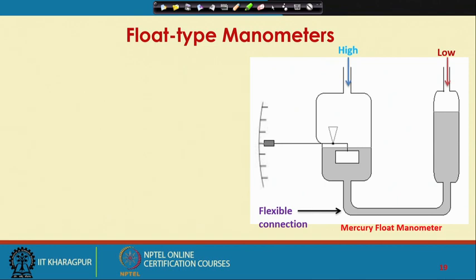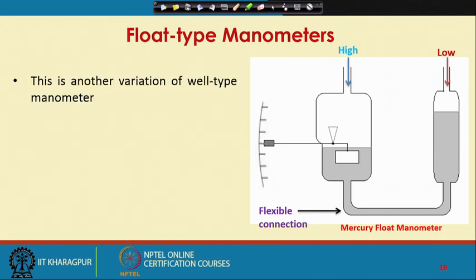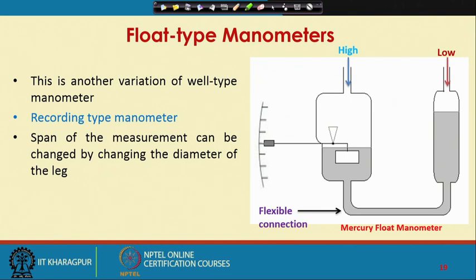And finally, let us talk about float type manometer. This is another variation of well type manometer. This can also be used as a recording type manometer. This works as follows. You have these two legs of the manometer.